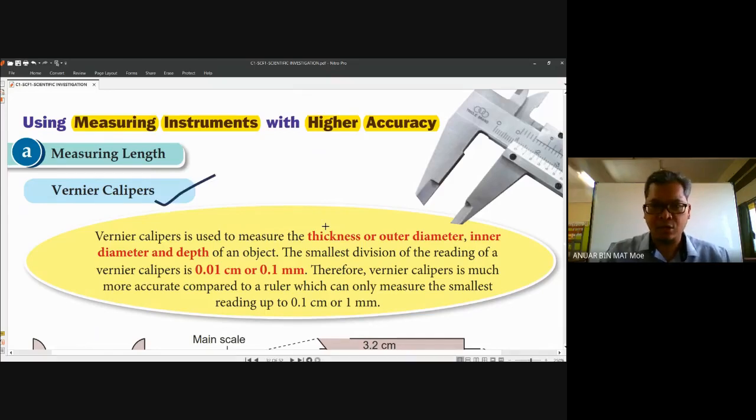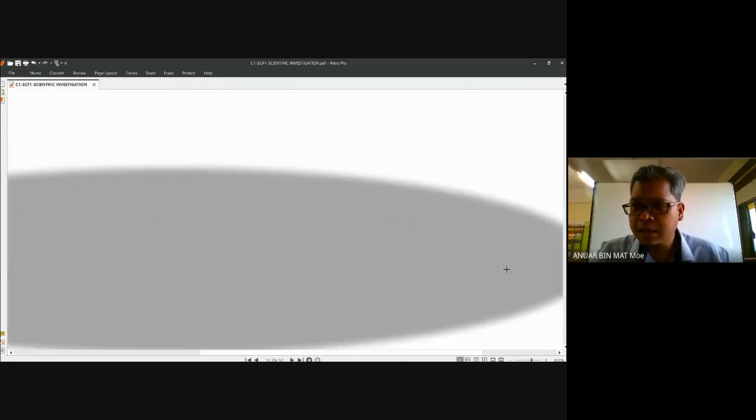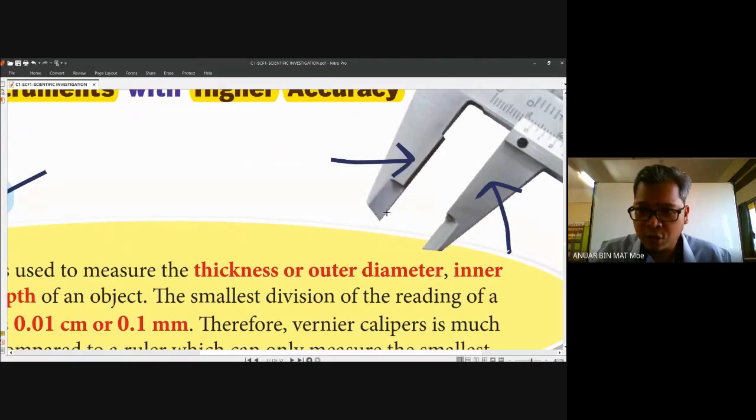Okay, vernier caliper. Caliper is like this. This is what we call a caliper. We have two gaps here, just like a crocodile mouth, right? We want to measure the thickness or the outer diameter here.